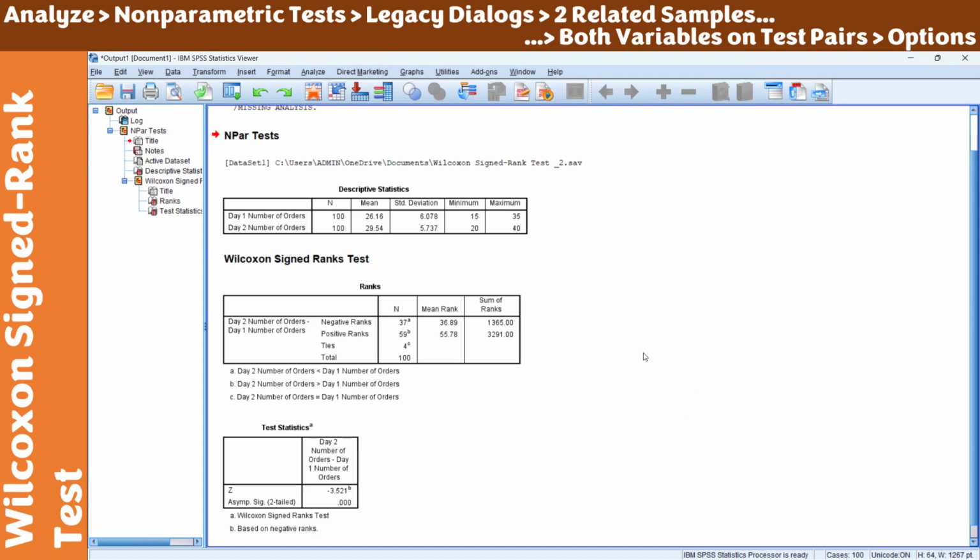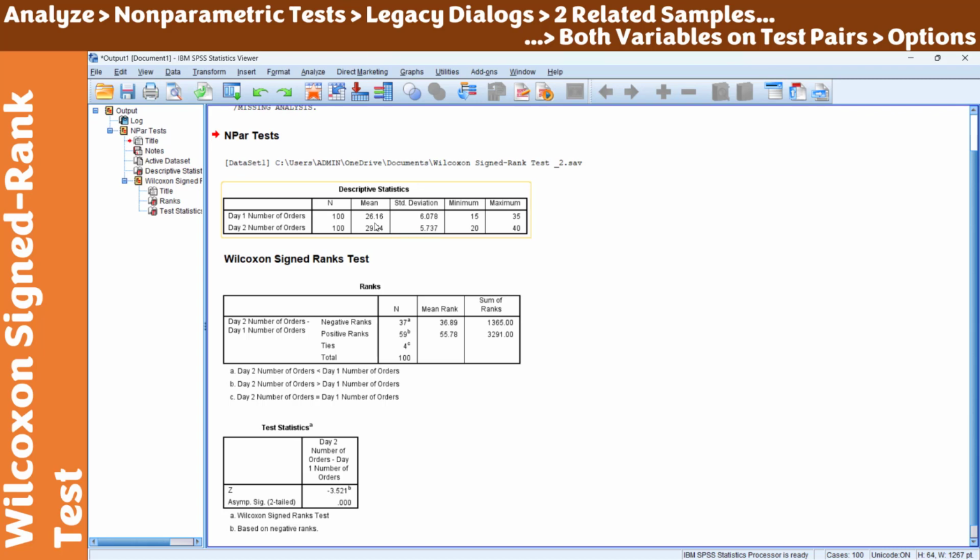The first table is for your descriptive statistics, which includes the number of data or responses for day 1 and day 2. Again, they are matched pairs, so they must have the same number. And you would see here the mean number of orders serviced for all 100 branches is 26.16 for the rush hour 11 to 12.